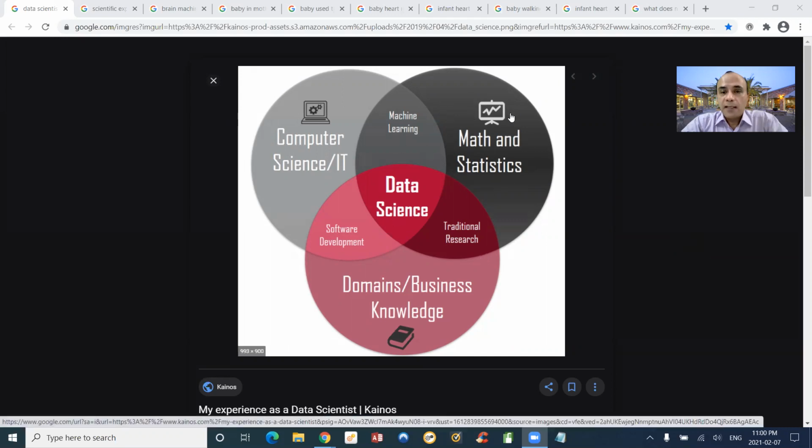There is a huge section on math and statistics, a huge section on computer science and information technology, and a huge section on domain expertise and domain knowledge. A data scientist is supposed to have some knowledge of math and statistics in a practical, applied way, to be able to code and communicate with the computer.